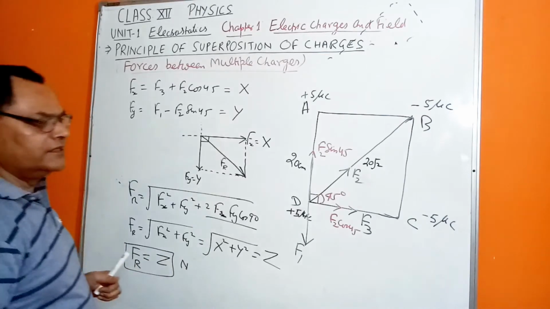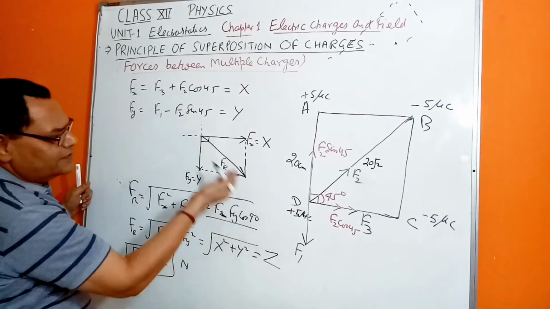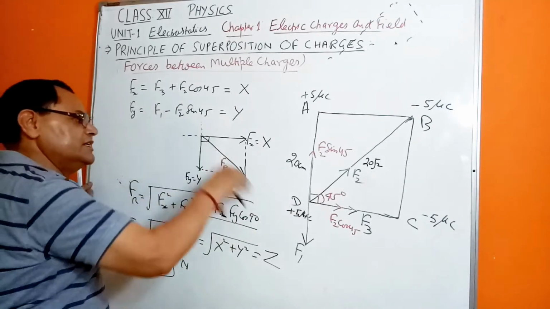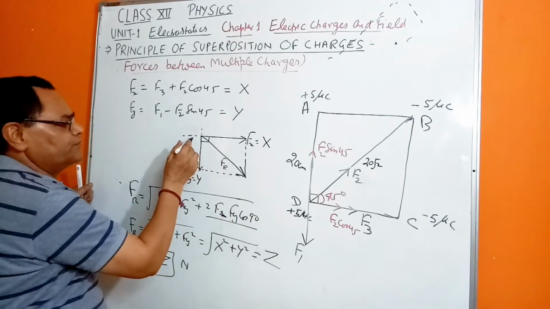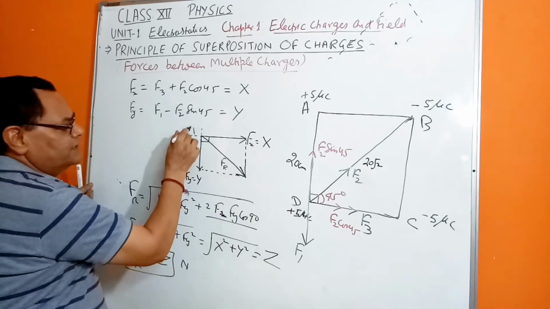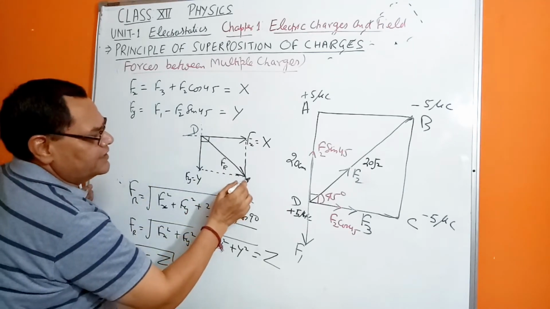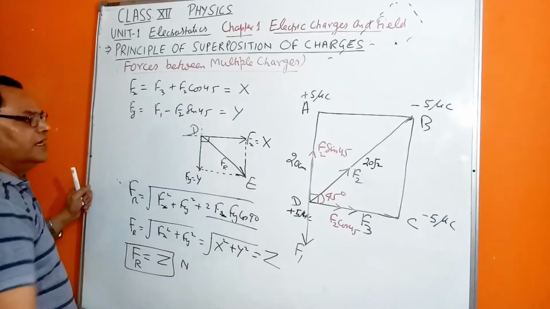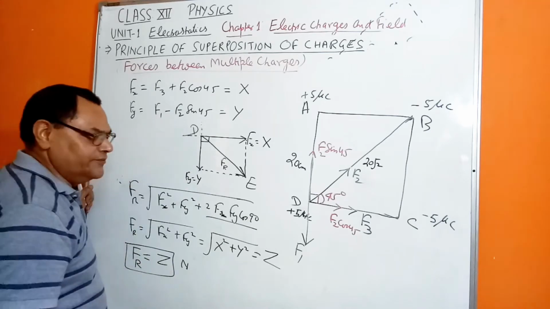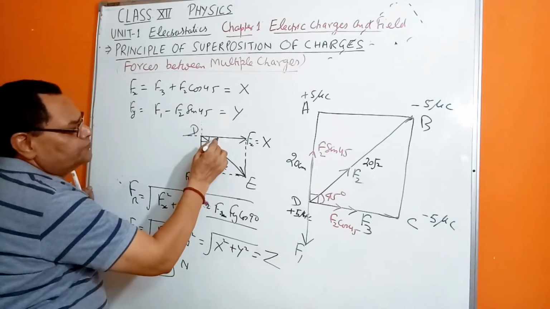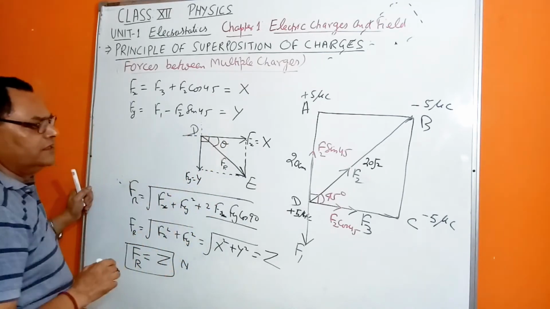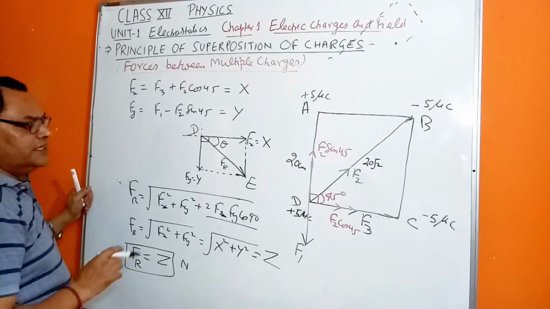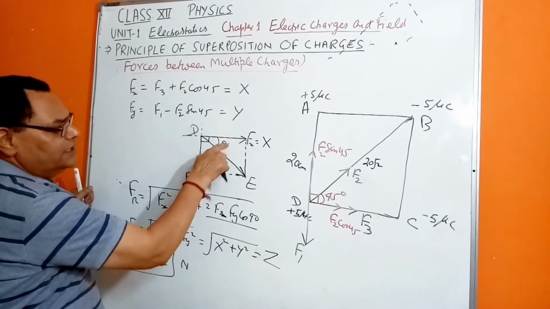But what is the direction? The resultant is this. Can we say it is along this? Yes, of course. Suppose this was the D point and let me put a suppose E point. You may say it is along DE, but more scientifically, you had better find the angle, this angle.